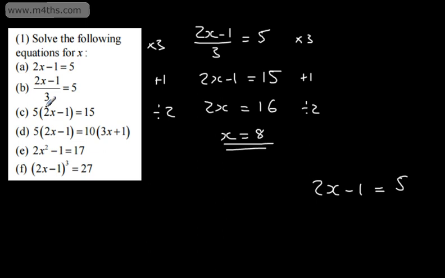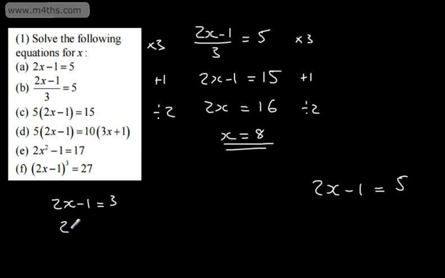Okay, let's look at this one just here. What we've got is 5 multiplied by the quantity 2x minus 1 is equal to 15. I could expand the brackets out here, or I could divide both sides of the equation by 5. The reason being is 5 is a factor of 15. 5 goes into 15 3 times, so I would have now 2x minus 1 is equal to 15 divided by 5, which is 3.